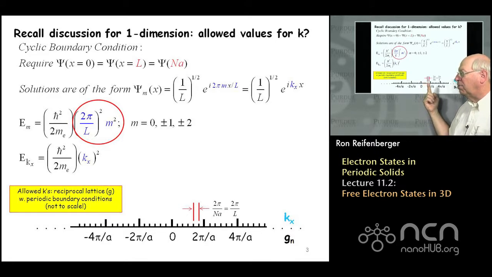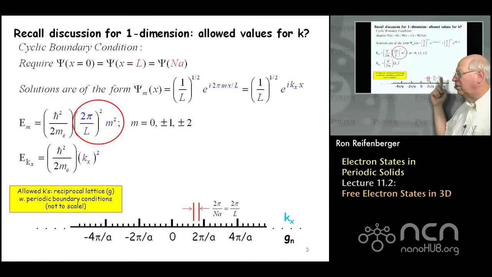And so in principle, this fine-grained structure that I indicate by these discrete tick marks is hardly resolvable on this diagram. But I just blow things up in a symbolic way to indicate that k space, the allowed values of k sub x for electron states in one dimension, are really quantized.